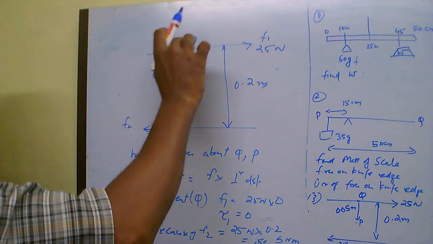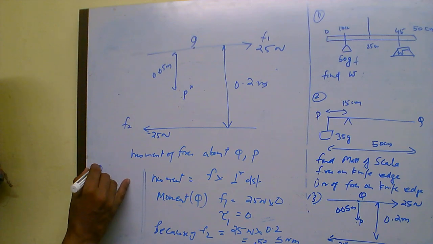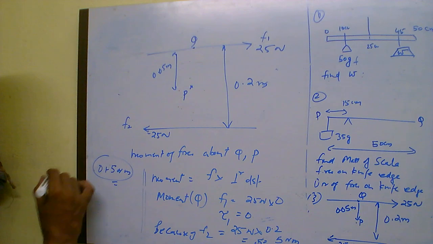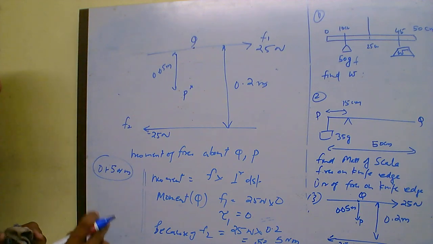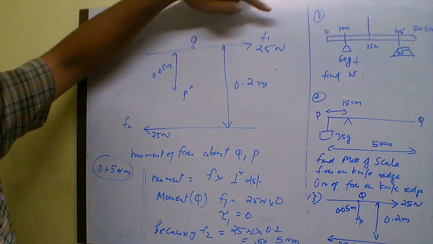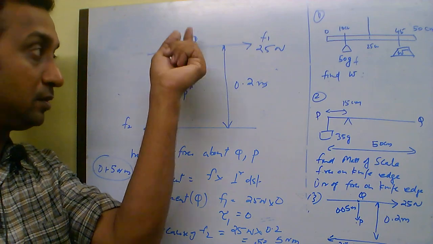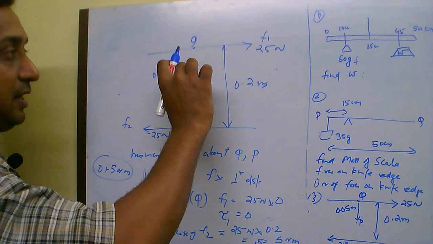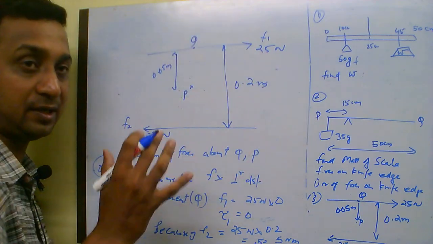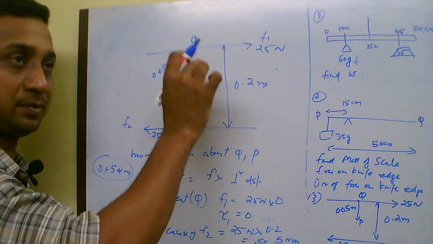So what is the total moment about the point Q? It is 0 plus 5 Newton meter. Now hope you understood, because F1 is acting along Q, it doesn't make any turning effect. If that force was acting at a distance, then it may have exerted a turning force, but in this case it is 0.